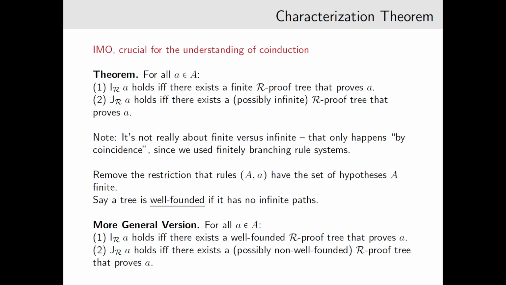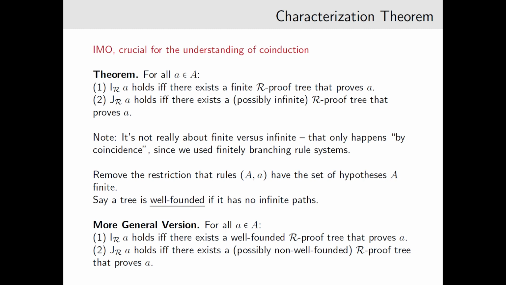The predicate defined as a least fixed point holds for an element just in case there exists a finite R proof tree that proves A. And the greatest fixed point holds for an element just in case there exists a possibly infinite R proof tree that proves A. So this is kind of the ideological theorem that allows one to write the coinduction rules in the direct fashion as well, and interpret them as provable by infinite proof trees.